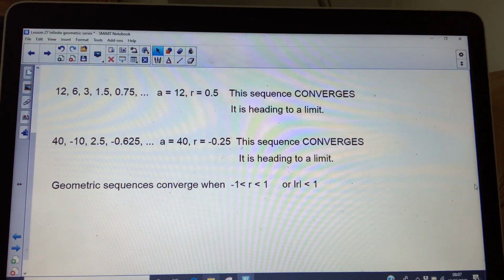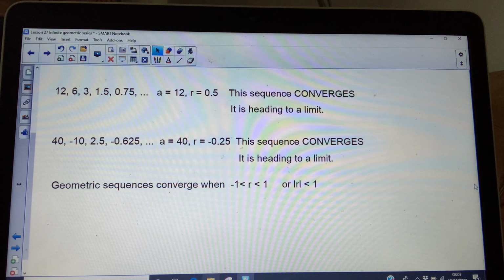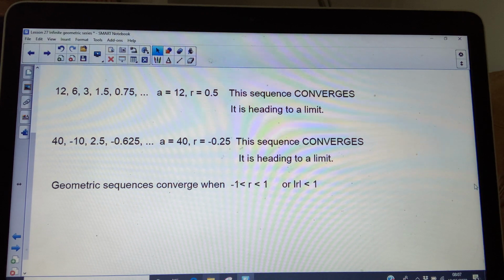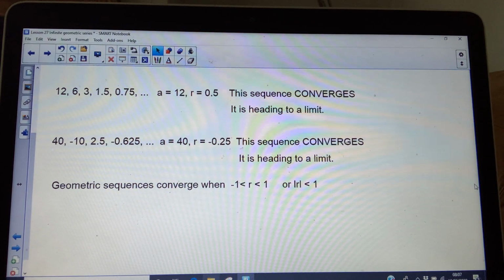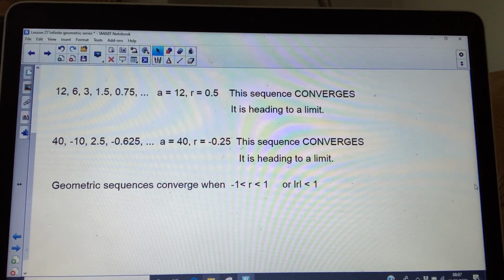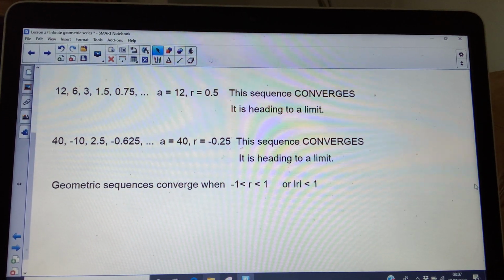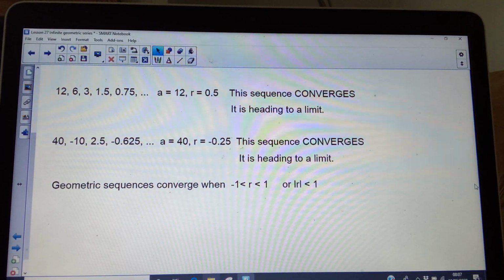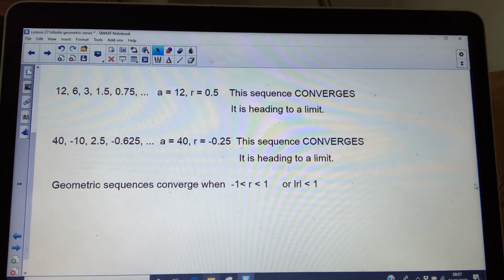What we notice, and we can go into a bit more detail with this, is that the binomial theorem that we've done in year 13 and infinite geometric sequences are really strongly linked. Just as you have a condition for your binomial expansion to be valid, here you have a condition on your common ratio so that a geometric sequence will converge.